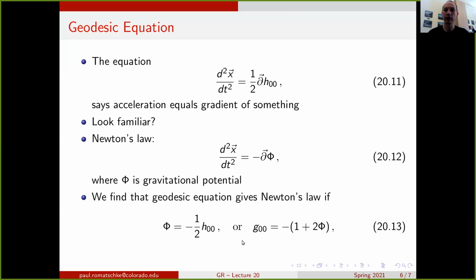So that means we can write down the actual metric component g00 in this limit as -1 plus twice the gravitational potential. So if we set the 0,0 component of our metric to be -1 plus twice the gravitational potential, our geodesic equation will encode Newton's law that the acceleration equals minus the gradient of the potential. Of course, this is all taken to be in the weak field limit, where phi is much, much less than 1.